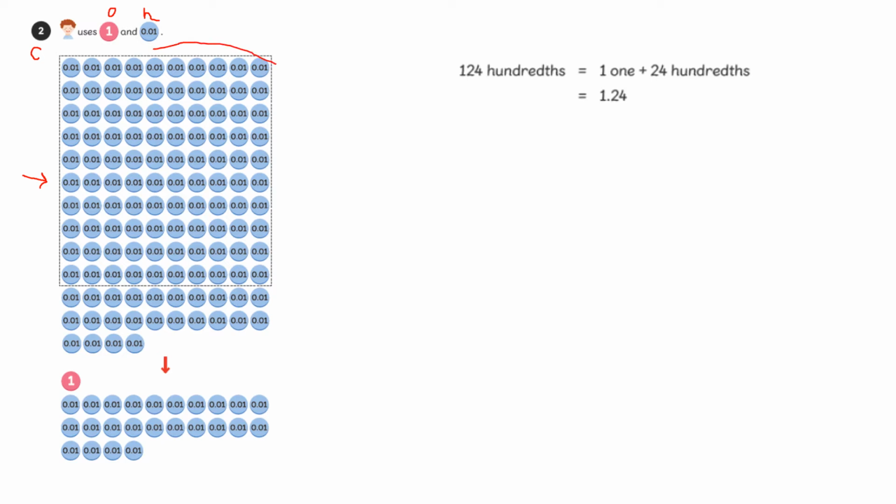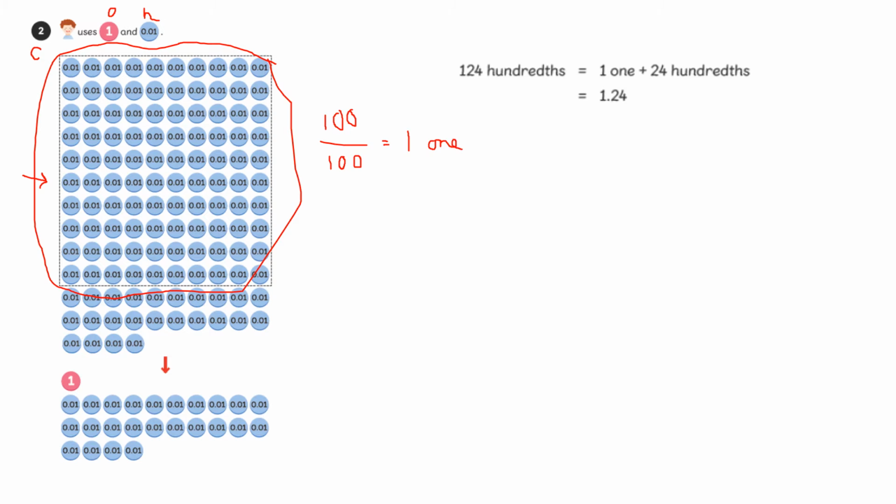Now, he knows that in fact, if you have 100 hundredths counters, then that is also equal to 1. So let me just write that as a fraction, just like we've been doing previously before we went to decimal. So we know that 100 hundredths is also going to give us 1.